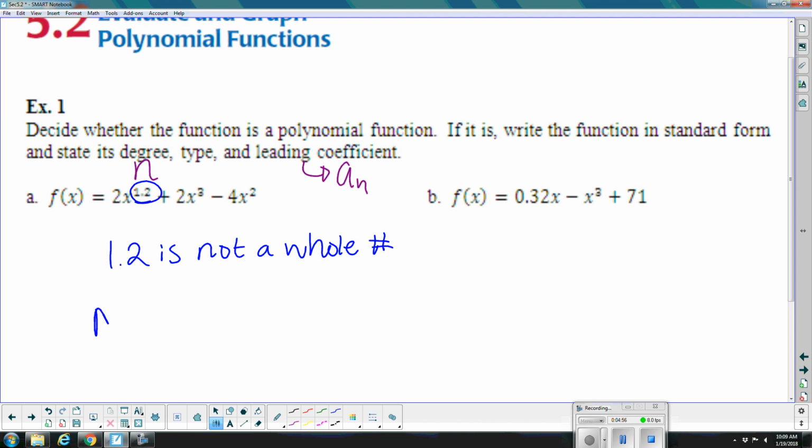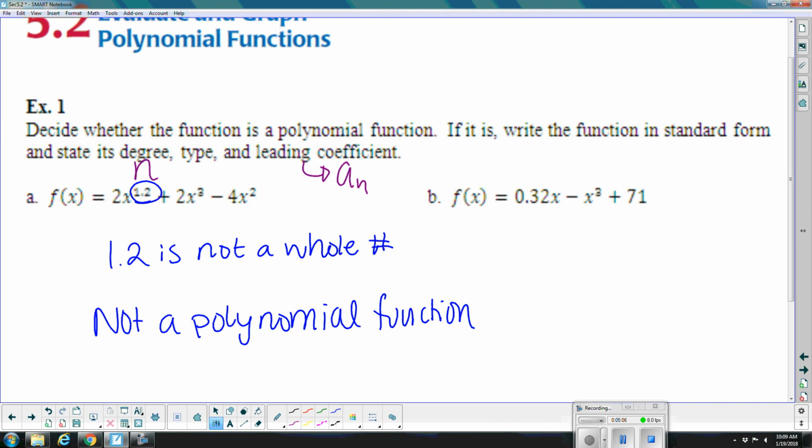Therefore, this is not a polynomial function. Look at the second example, 0.32x minus x cubed plus 71. All of these exponents are whole numbers, so this is a polynomial function.